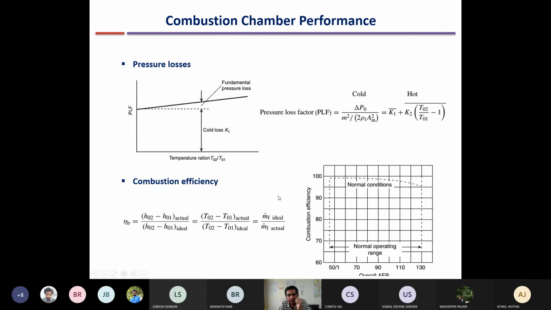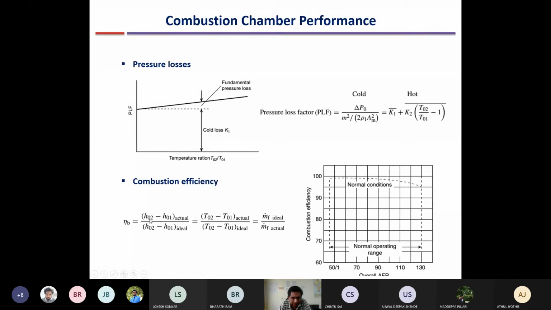Typically the combustion efficiency is very high. It is defined as the actual enthalpy that is released divided by the ideal enthalpy that would have been released. The ideal enthalpy difference during combustion is equal to the calorific value of the fuel. The actual enthalpy release is slightly less, and we consider it to be 98-99%, very near to 100%, during typical normal operation.